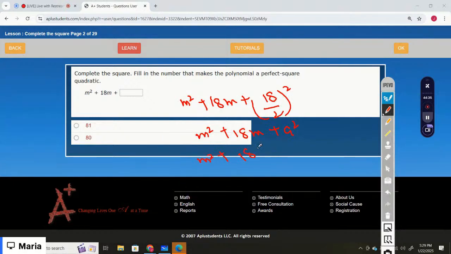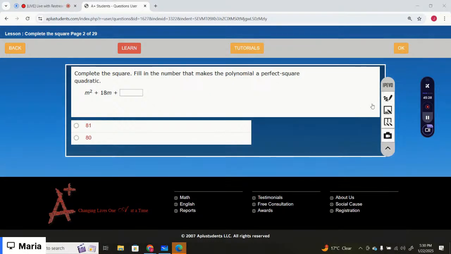M square plus 18m plus 81. Option number 1 is the correct option. That is 81.